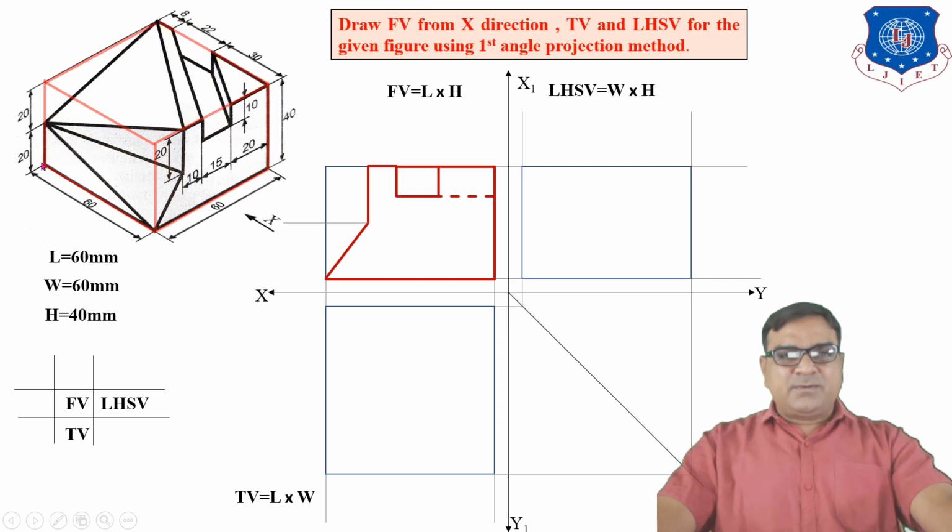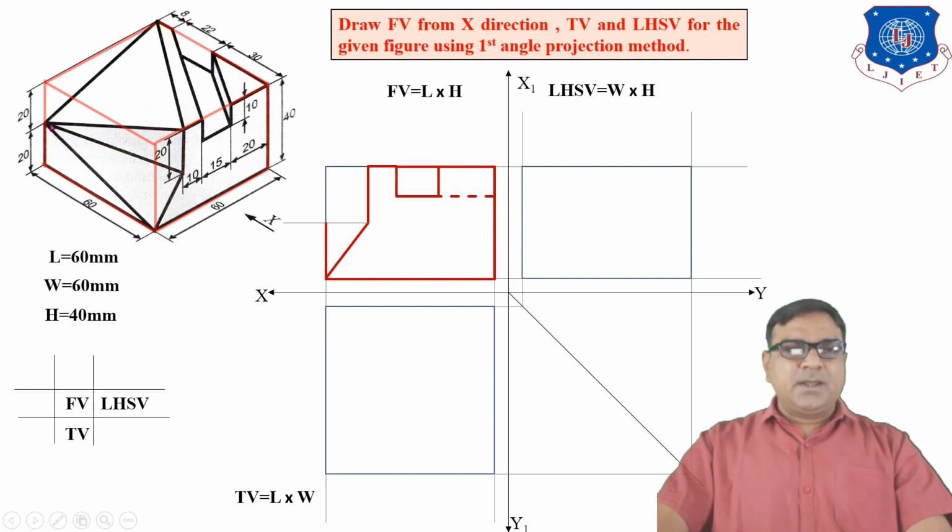Now this point is 20 mm above. This point is 20 mm from base, and this point is also 20 mm from base, which means this line is parallel to HP.